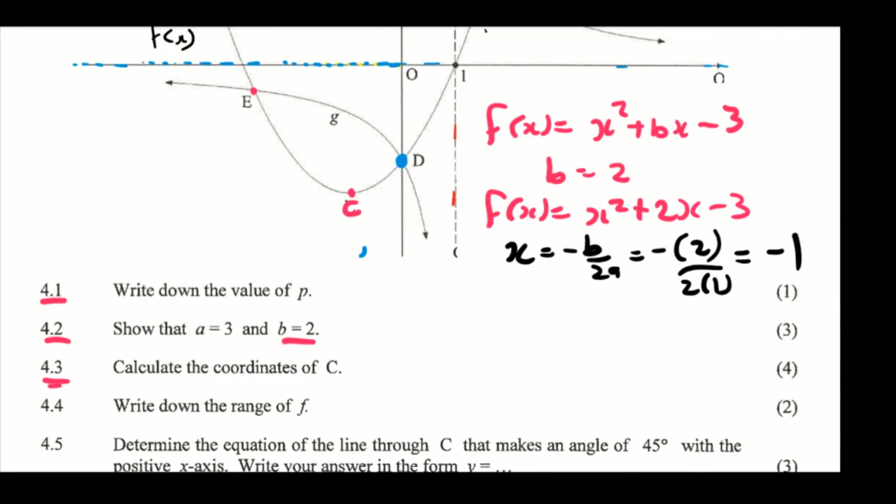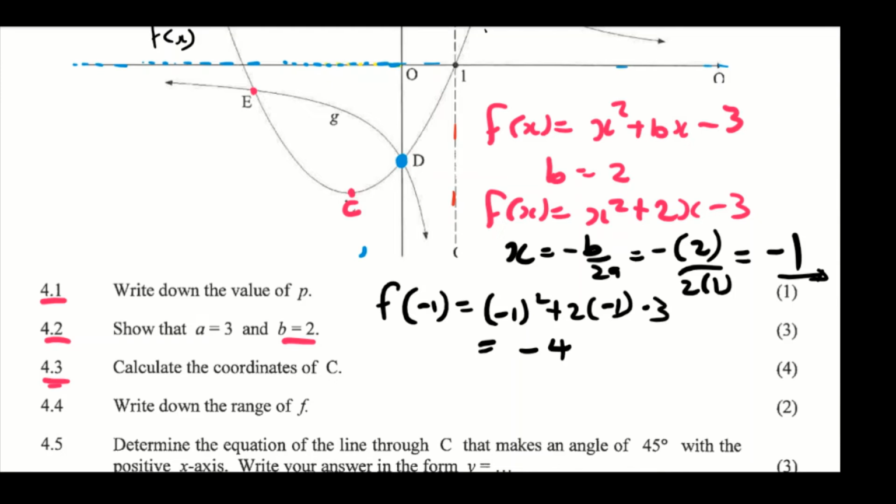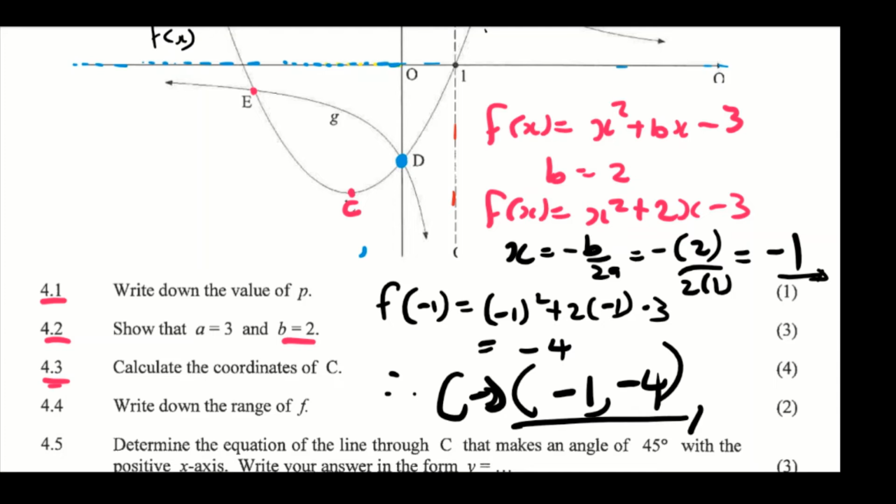So this is the x value of the turning point, which is -1. And then to find the y value, we substitute into f of x: (-1) squared plus 2 into -1 minus 3. It will give us -4, right? So therefore my C, which is my turning point, is going to have coordinates of -1 and -4. So these are the coordinates of C.